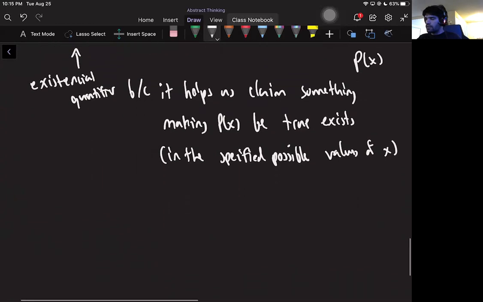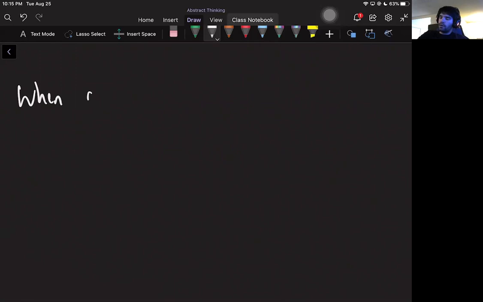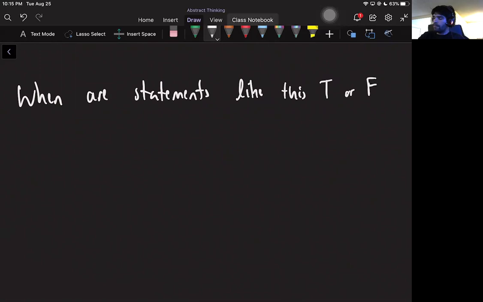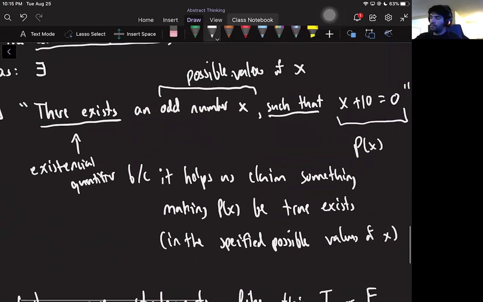Okay, so now let's think about the truth values. When are statements like these true and when are they false? Again, the predicates themselves are not statements on their own.